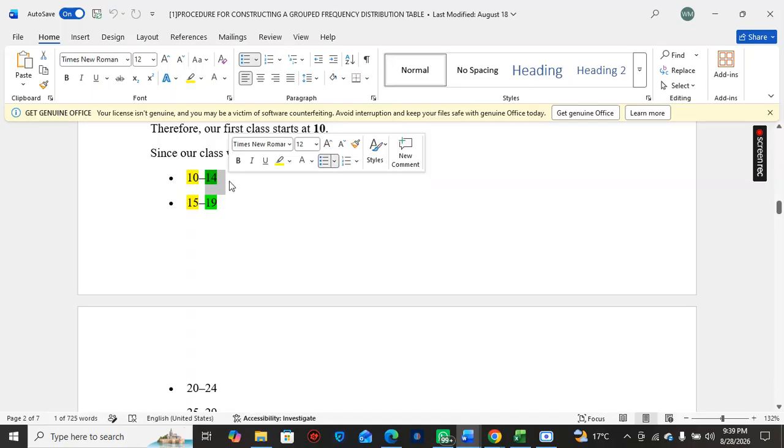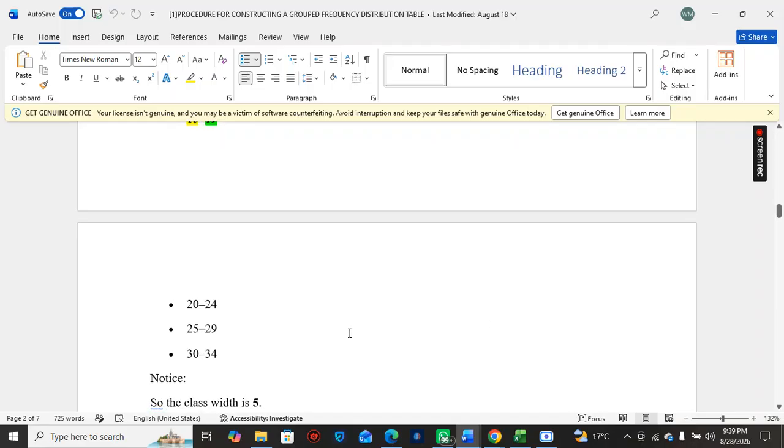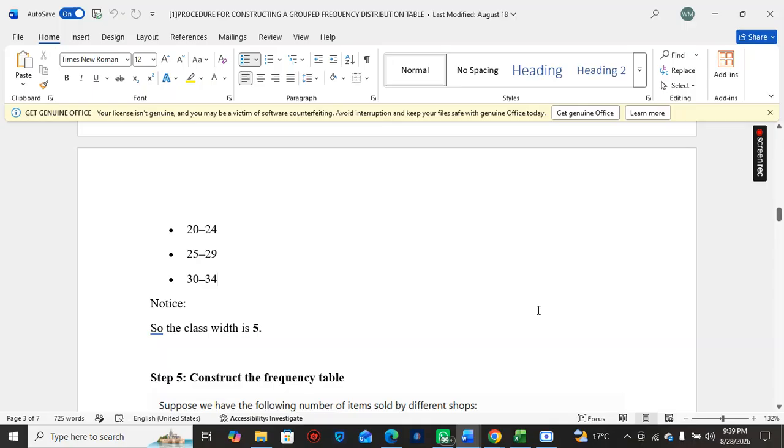So when you've made your class limits, this is what you have to do to make sure you are accurate. So 10 to 14, 15 to 19, 20 to 24, 25 to 29, and 30 to 34. That's a class width of 5. Are we okay with that, colleagues? Any questions?